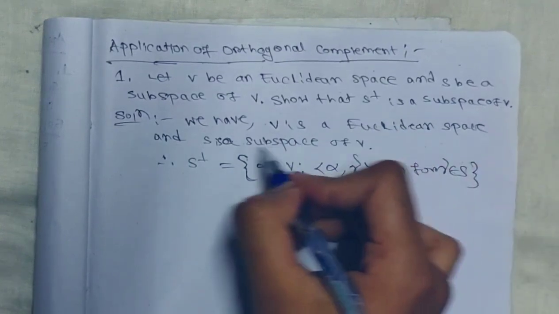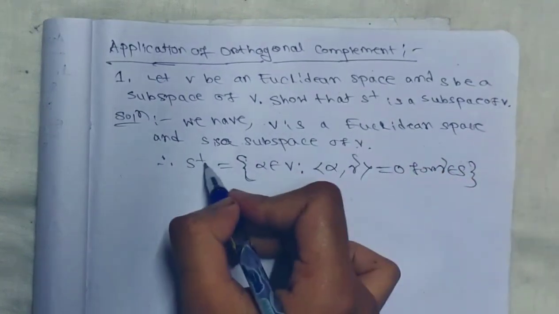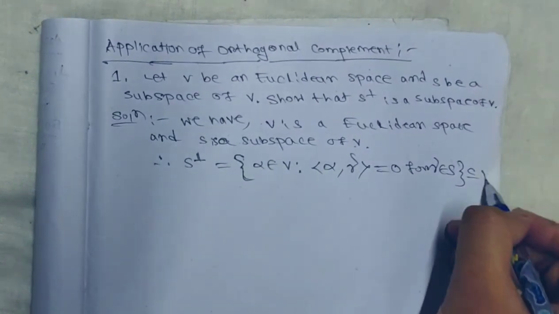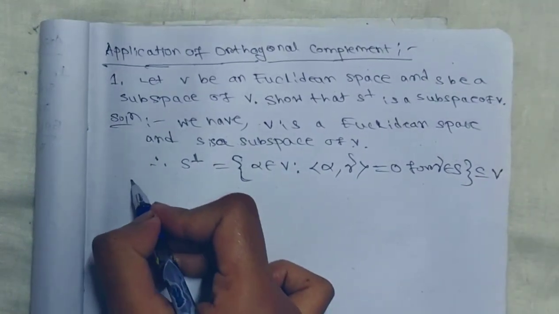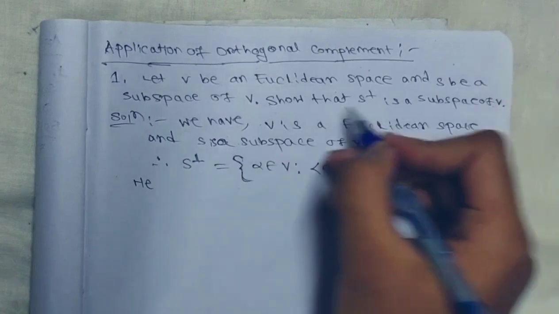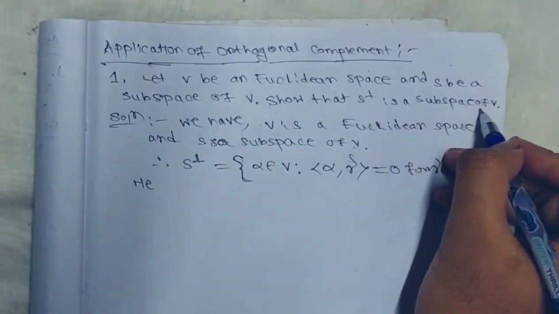Now S is a subspace of V, so S bar is contained in V. Now we have to show S bar is a subspace of V.